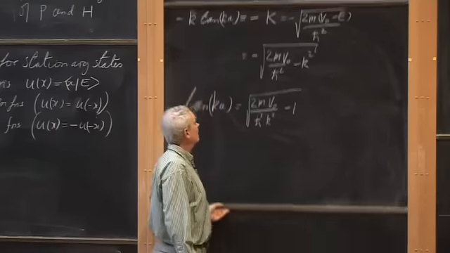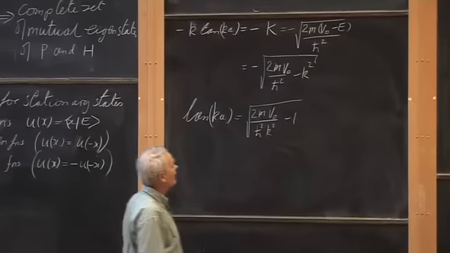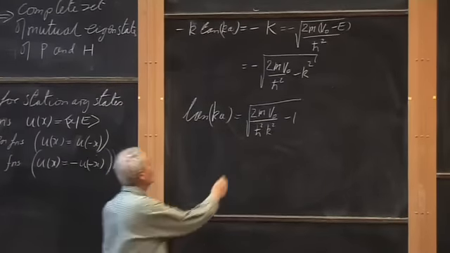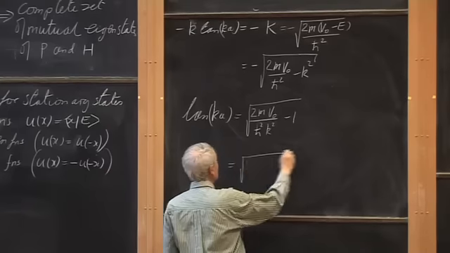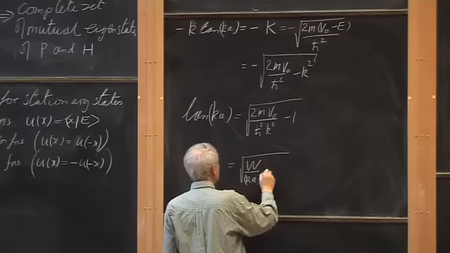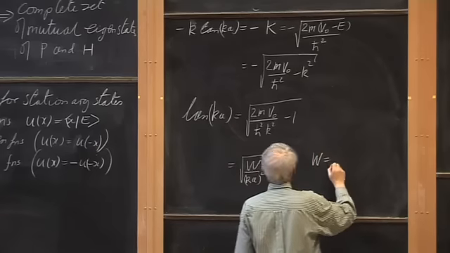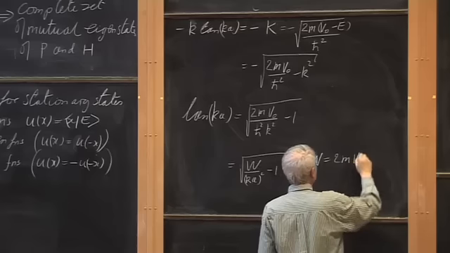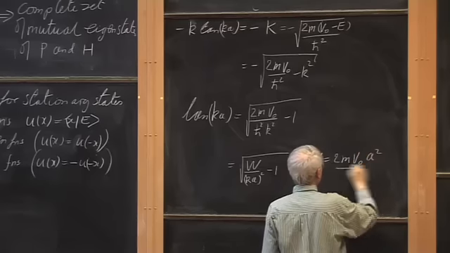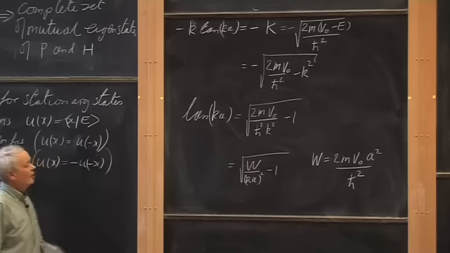And it's good now to multiply the top and the bottom of this by a squared and write this as the square root of W over Ka squared minus 1, where W is 2mV0 a squared over h bar squared. Why do I want to do that?